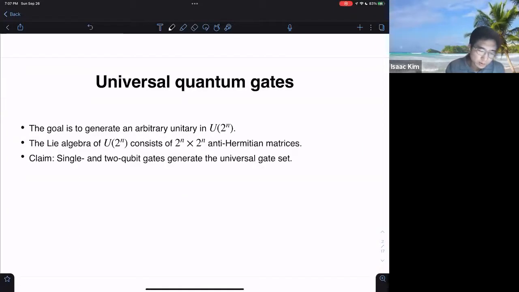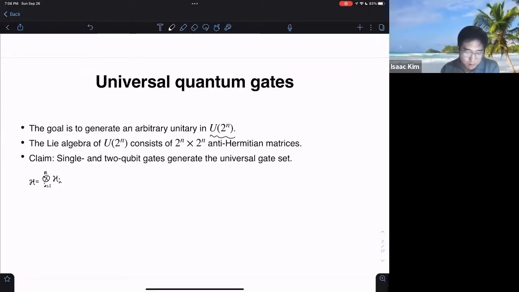In quantum computers, the state space is, of course, this tensor product of two-dimensional hyperspaces. And the most general unitary operation that you can apply on this space is obviously a general element of the unitary group.